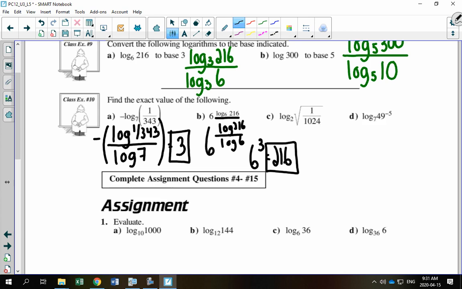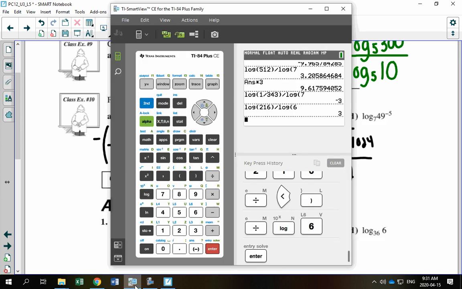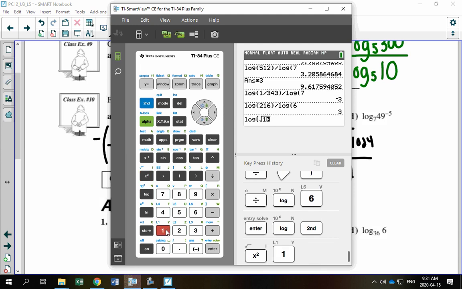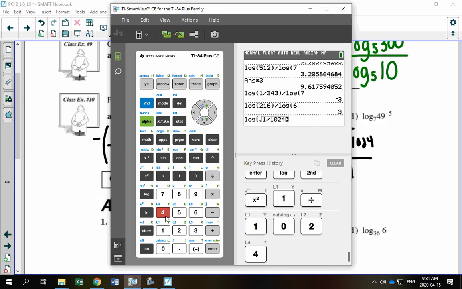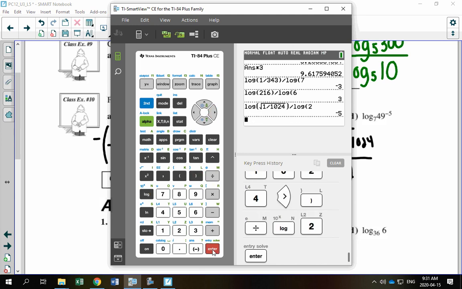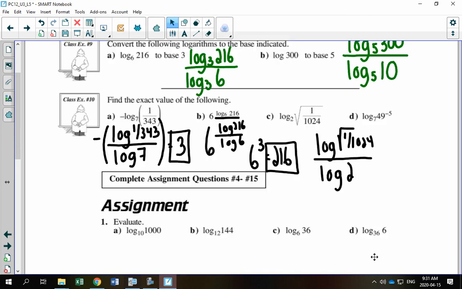Okay, for C would be log of the square root of 1 over 1024 divided by log 2. So log of the square root of 1 divided by 1024 divided by log 2, and we get negative 5. So all of these examples just using that change of base formula.